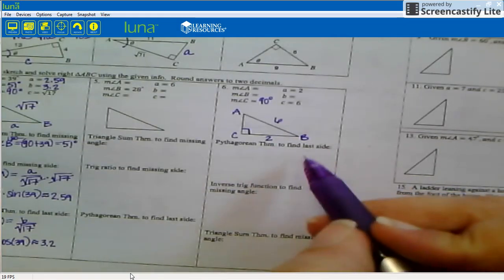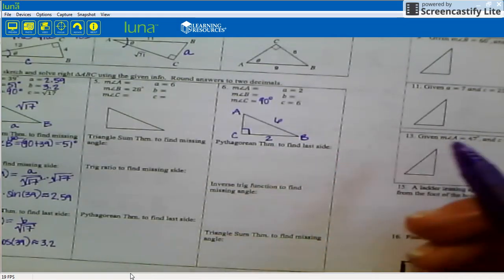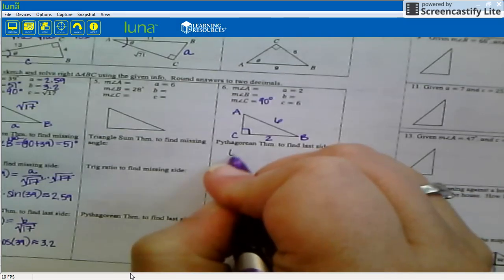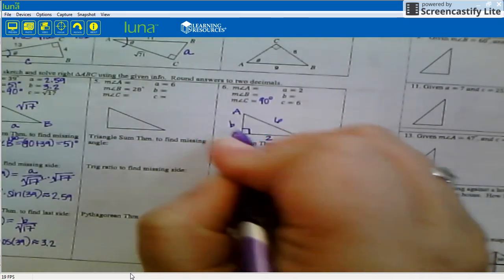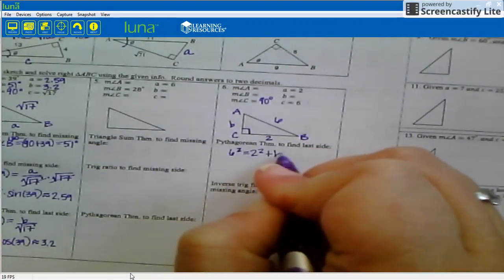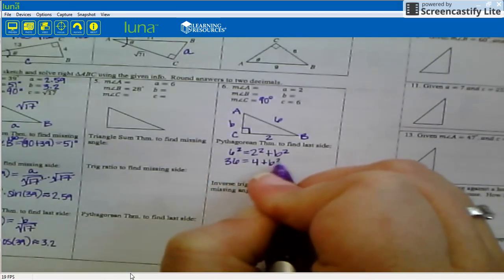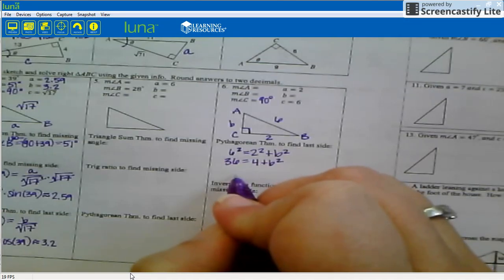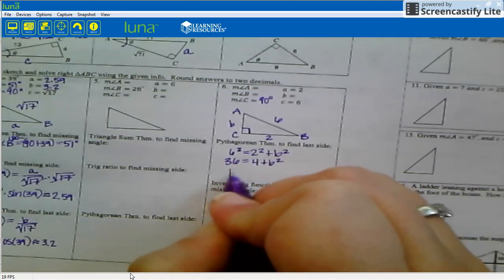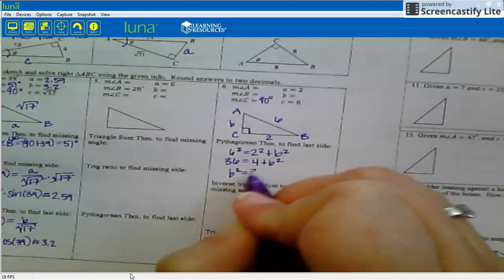So if I use the Pythagorean theorem to find the remaining third side, then I'm going to have 6 squared is equal to 2 squared plus b squared. So this is 36 equals 4 plus b squared. And I subtract 4 to get b squared is equal to 32.